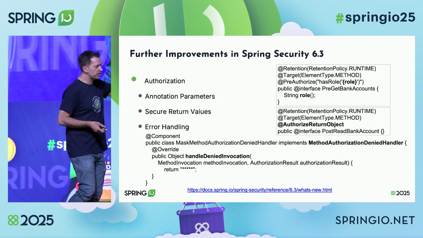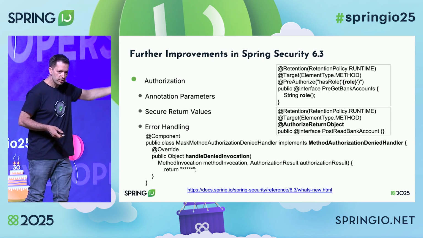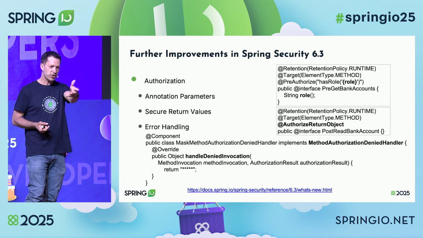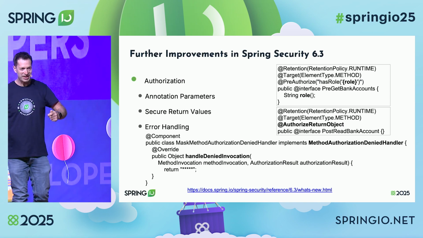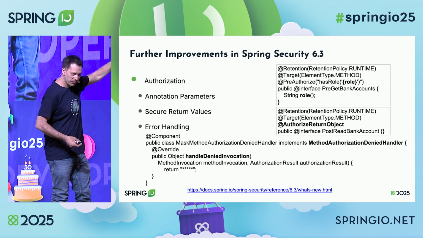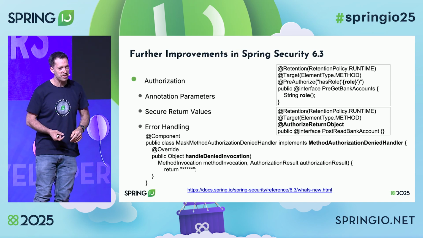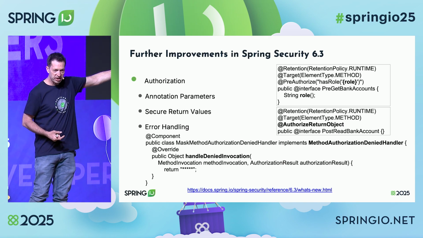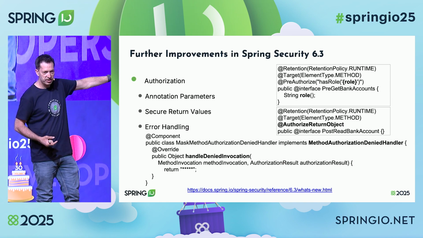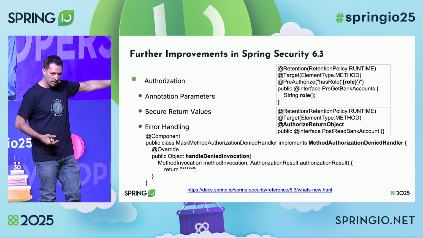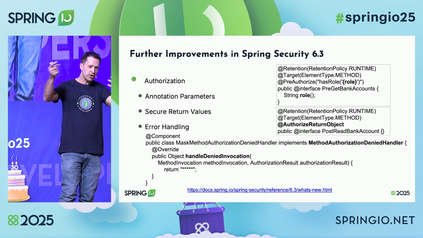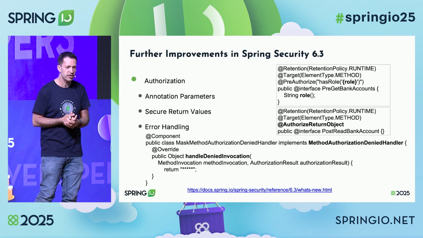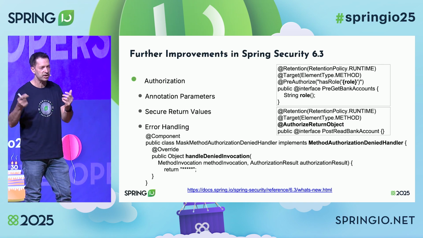So Spring Security 6.3 has much more to offer as new additions. If you watched Daniel's talk yesterday, which was great, he talked pretty much about all this authorization stuff, so I skipped that for today. I like pretty much the annotation parameters and also that you can now authorize domain objects, like checking if one user can see the account number or the account amount and stuff like that, and another user cannot see that.